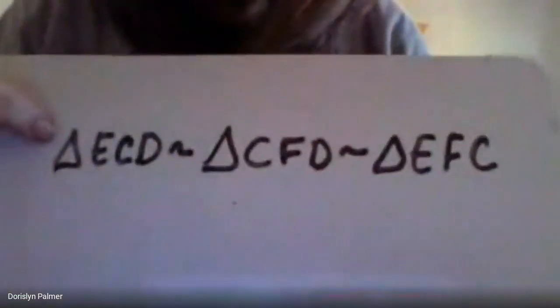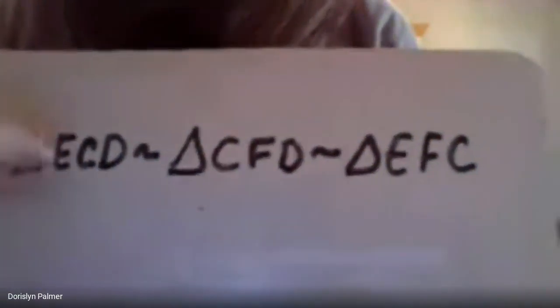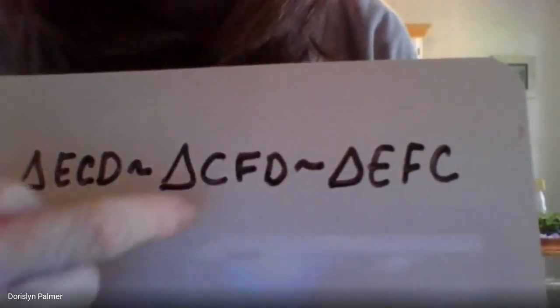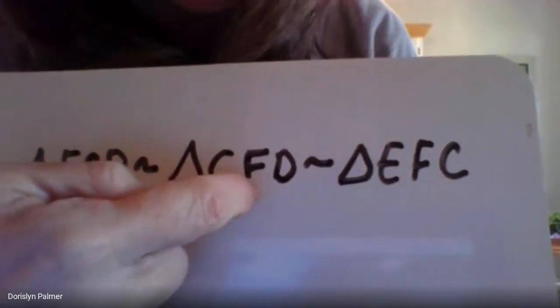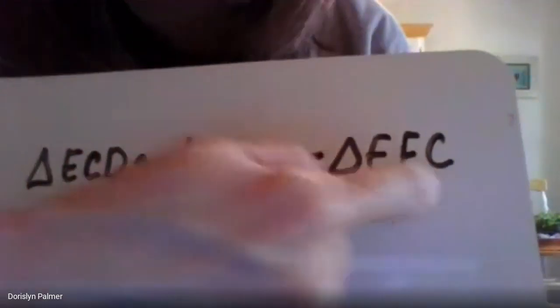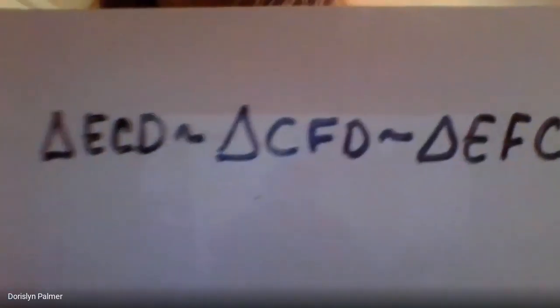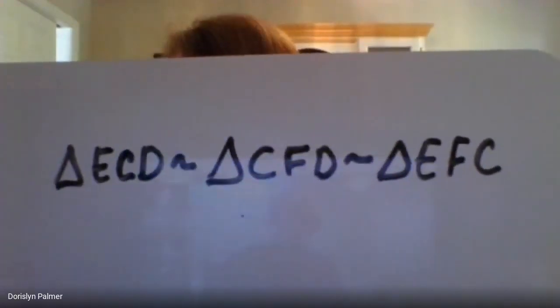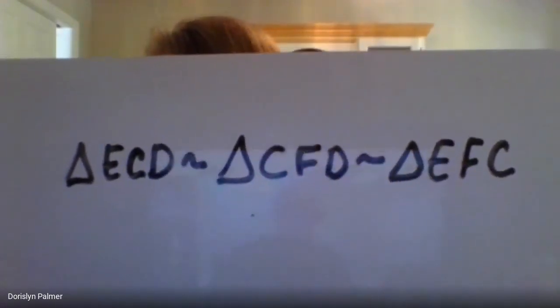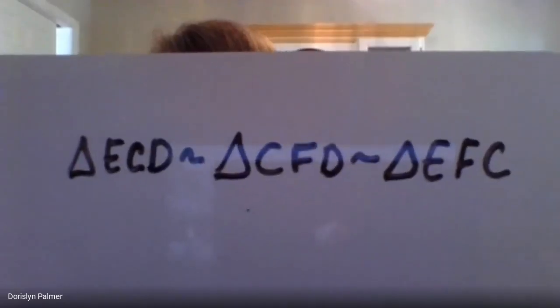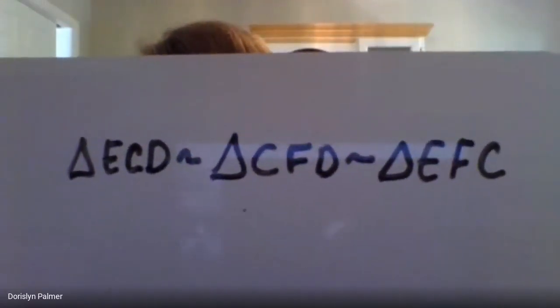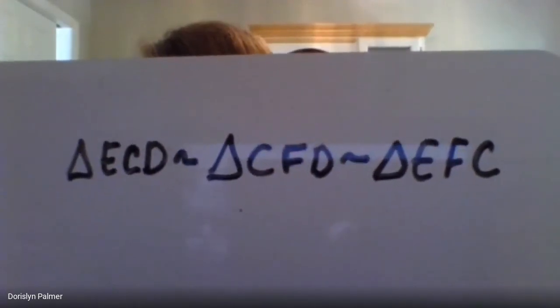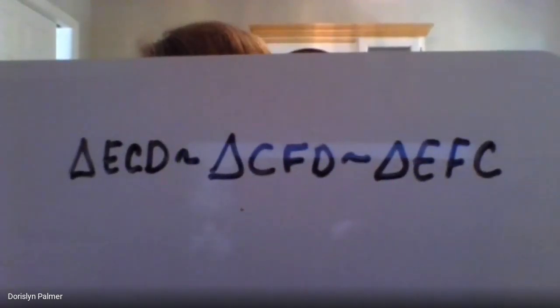That's okay. If your triangle ECD is CDE, then you just have to say, is my other one FDC and FCE? So this is a correct similarity statement, but look at that and see if you wrote yours differently, if it still is correct. As long as you keep those same angles in the right spot with the same angles.